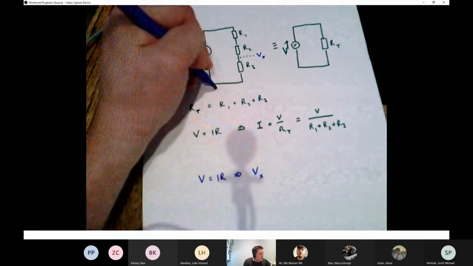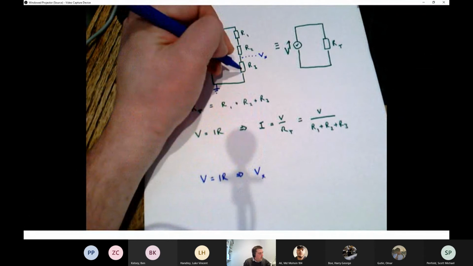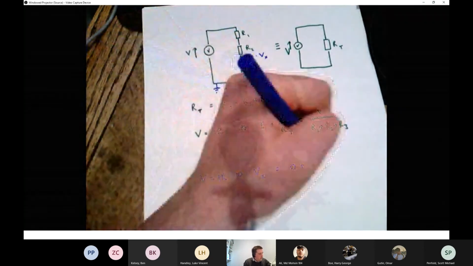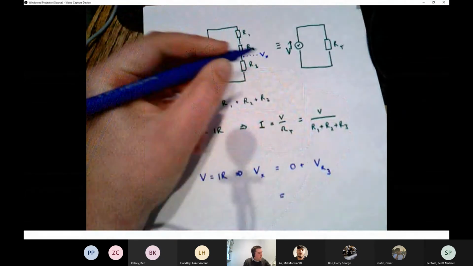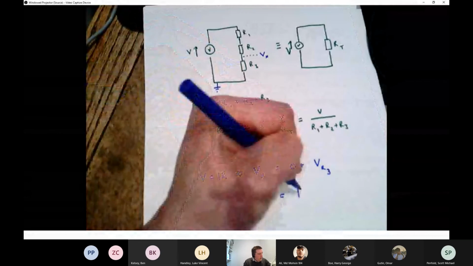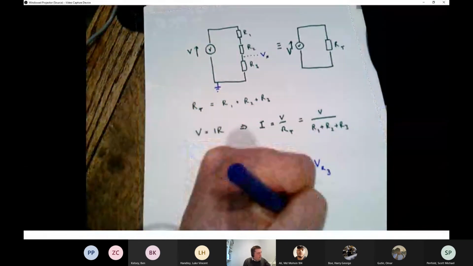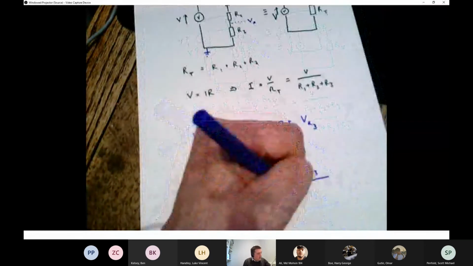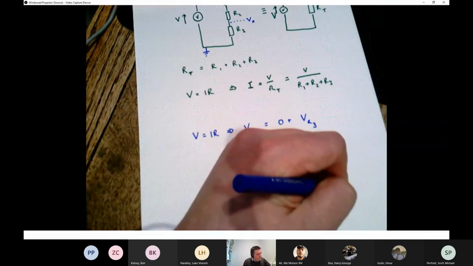Vx must be 0, the voltage here, plus the voltage across R3, which equals I multiplied by R3, which equals V times R3 over R1 plus R2 plus R3.